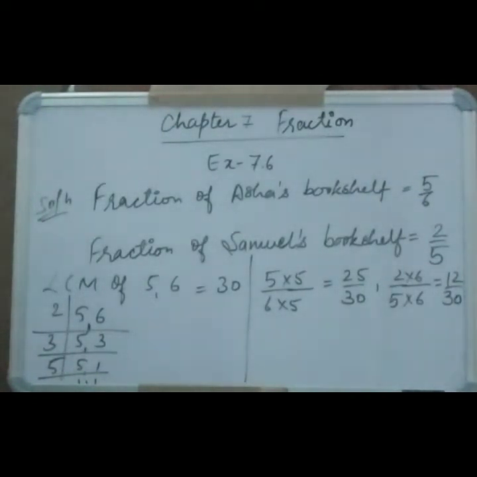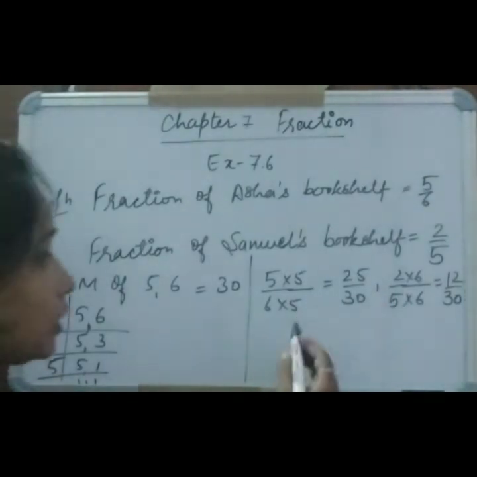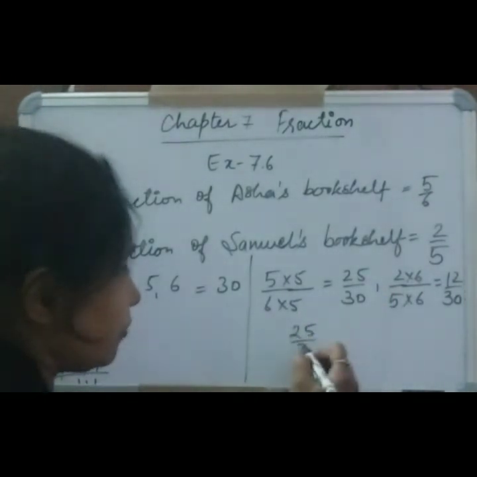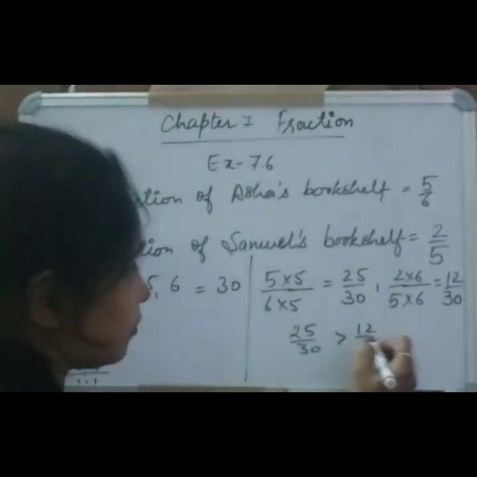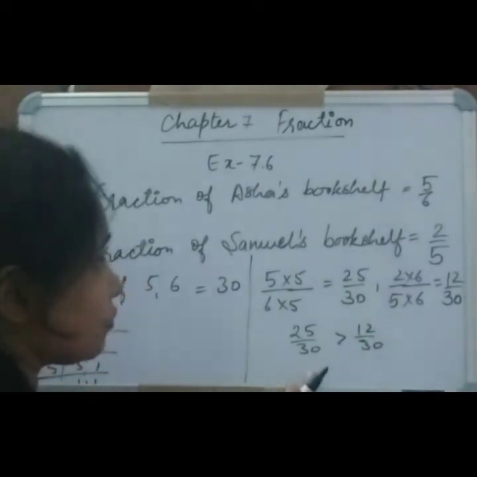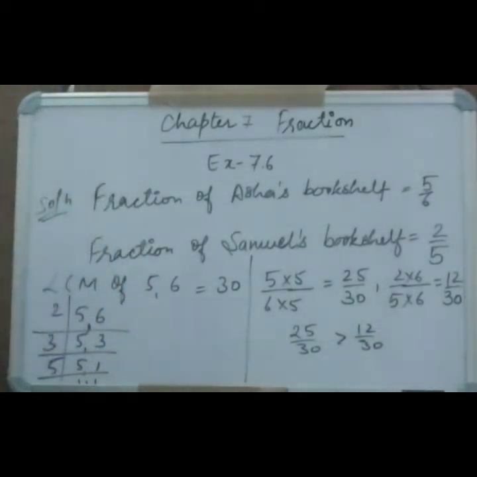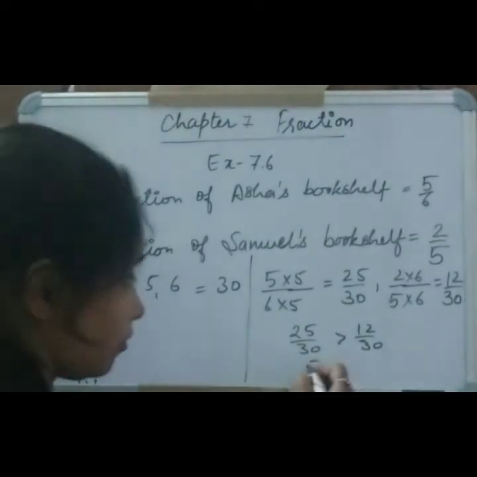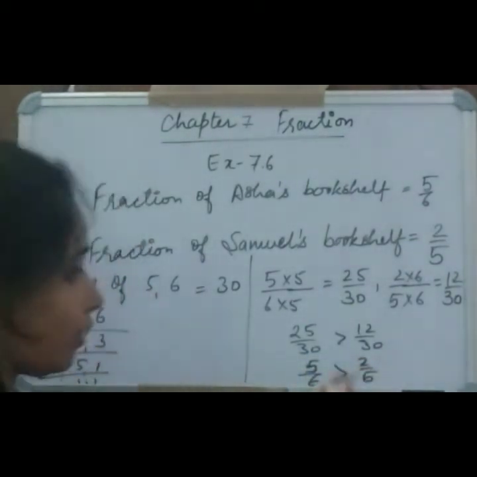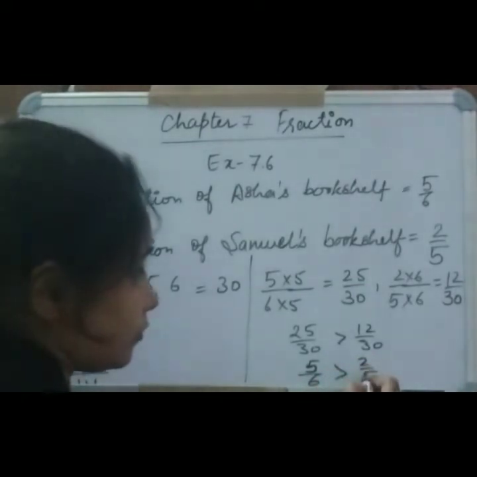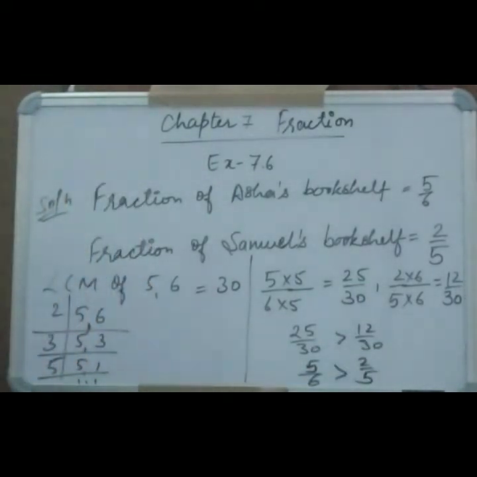The second one: 5 6s are 30, and 2 6s are 12, so it is 12 by 30. Now see which one is more. 25 by 30 is more, which means 5 by 6 is more than 2 by 5.